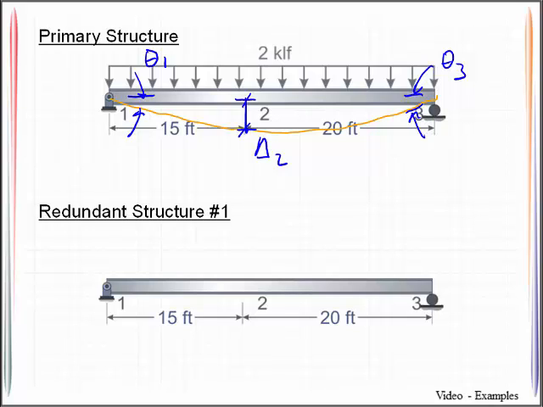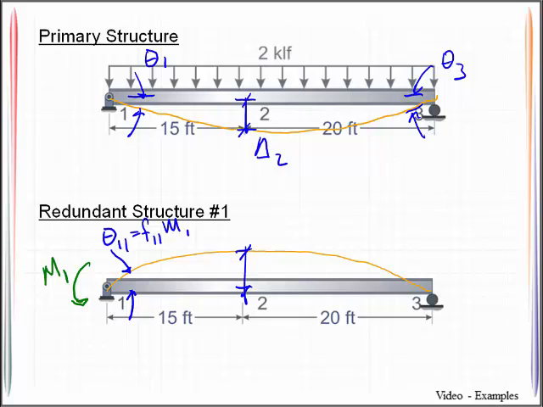So you'll notice that what I'm doing is I'm looking for the deformation at the locations where the redundants had been. Now redundant structure number 1 says that I will go ahead and add on that redundant moment. I will get a deflected shape associated with this, and then I will go ahead and look at the deformation of each of those locations. So the rotation at 1 due to the moment at 1 is equal to the flexibility coefficient 1, 1 due to the moment at 1.